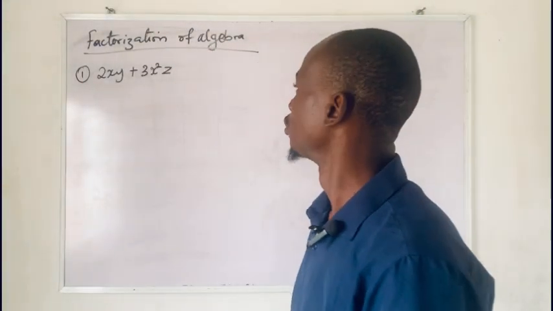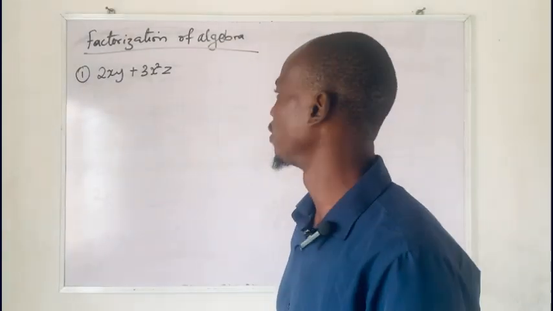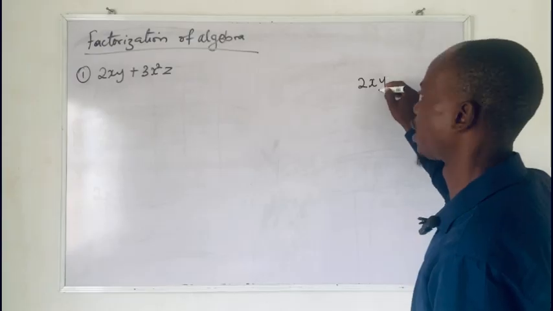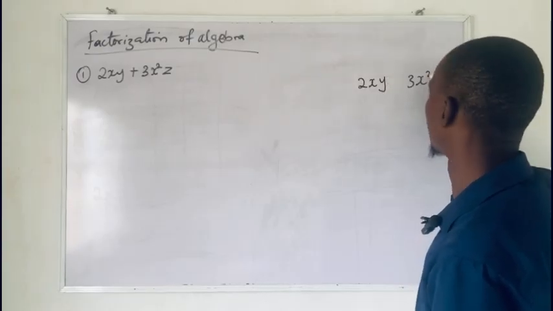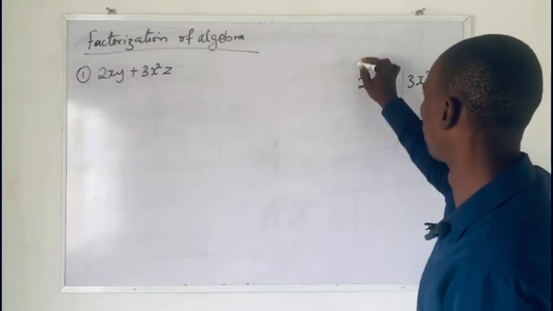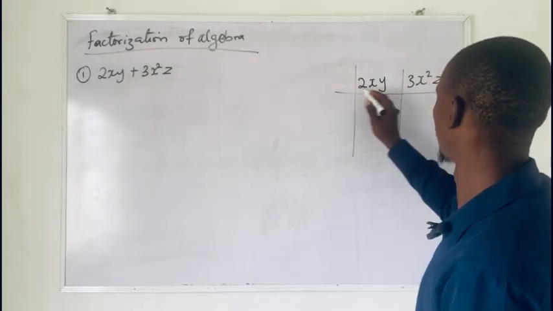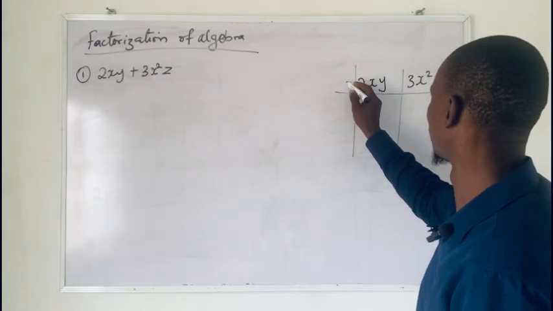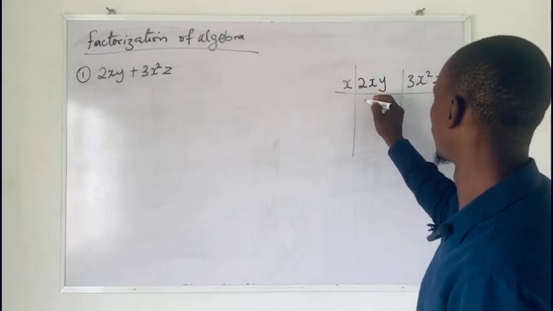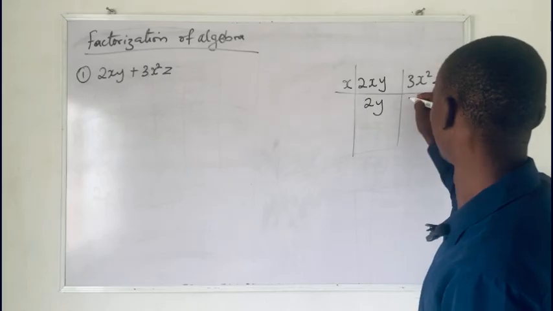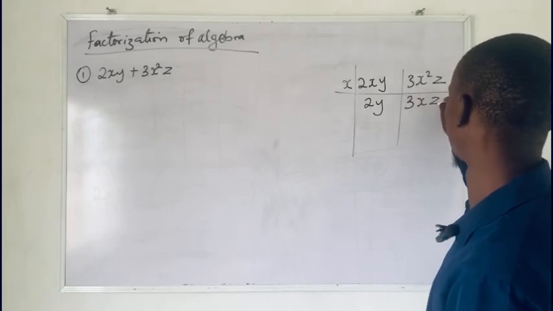So to factorize this, I will ask myself, what is the highest common factor between 2xy and 3x squared z? If I go by the normal procedure, no number can divide 2 and 3. x can divide. x will cancel itself, leaving 2y. x can divide, it will cancel one of the x, remaining 3xz.